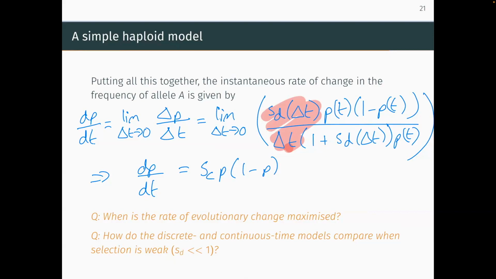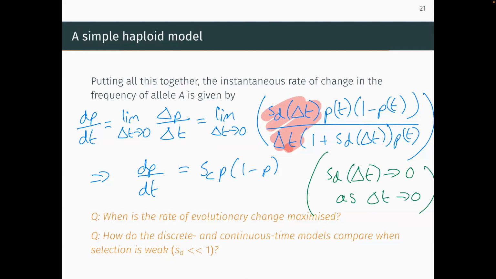And on the bottom, what do we have? Well, our selection coefficient with respect to delta t is going to tend towards 0. As a little aside, S_D of delta t is going to tend towards 0 as delta t tends towards 0.